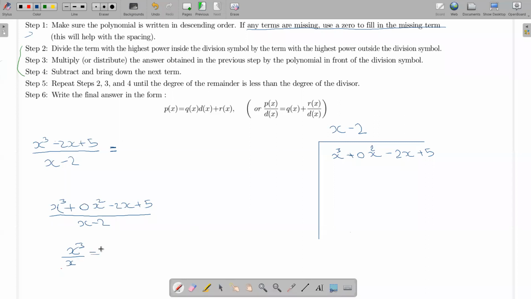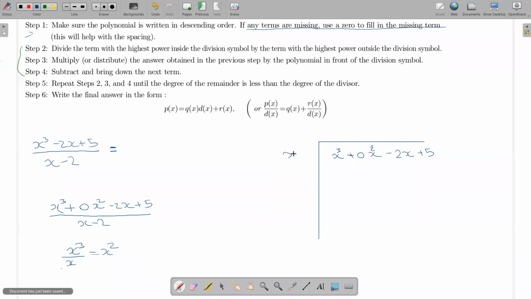So I get x squared. I write x squared here.